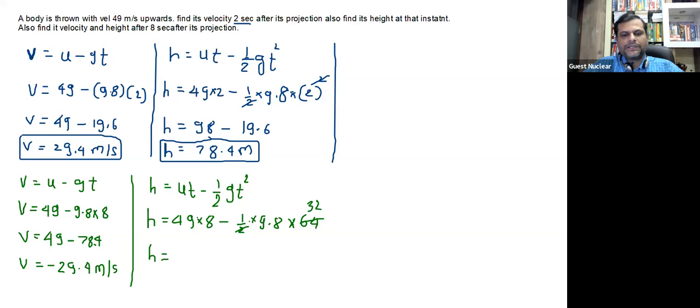yes, 49 into 8, how much it is? 8 nines are 72, 7 carry, 8 fours are 32 plus 7, which is 39. So it is going to be 392 minus, what is this? 9.8 into 32.